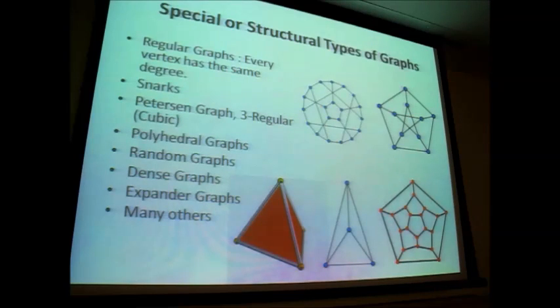It was coined by Martin Gardner, who's a famous columnist for Scientific American, named after the poem by Lewis Carroll, the guy that wrote Alice in Wonderland. Anyway, I had to include this. I forget exactly what they are, but this is a snark. And I think the Petersen graph, which we saw earlier, is also three-regular. There are a couple other features it has to have, like connectedness and whatnot. But I had to include that.